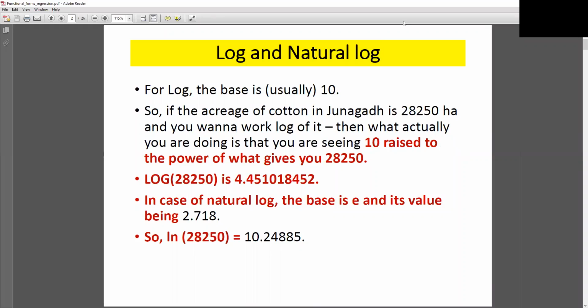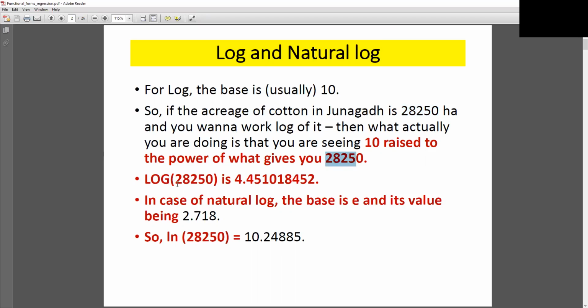Yeah, right. Now, as I was telling you, the difference between log and natural log. So log is what? The base is 10. So if the acreage of cotton in Junagadh is 28,250 hectares, and if you want to take the log of it, then what you're actually doing is, you are saying 10 raised to the power of what gives you 28,250.